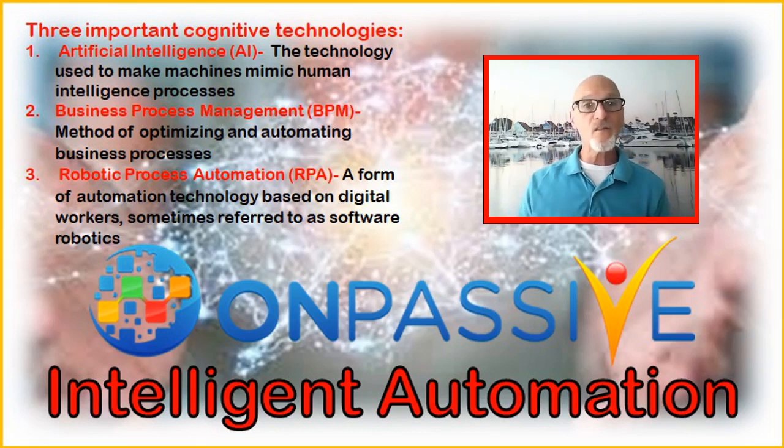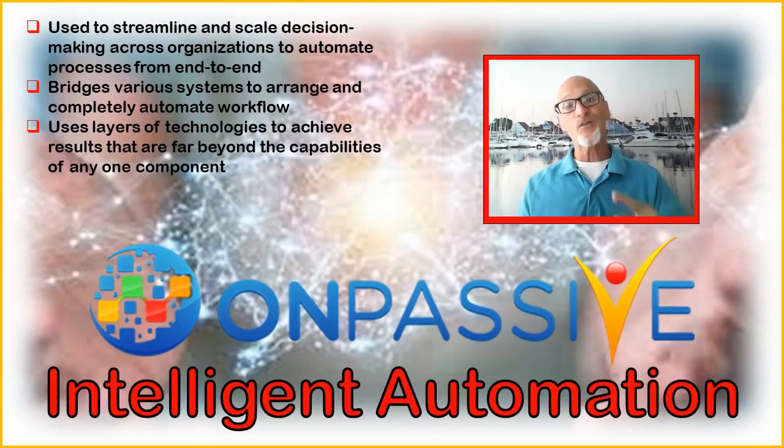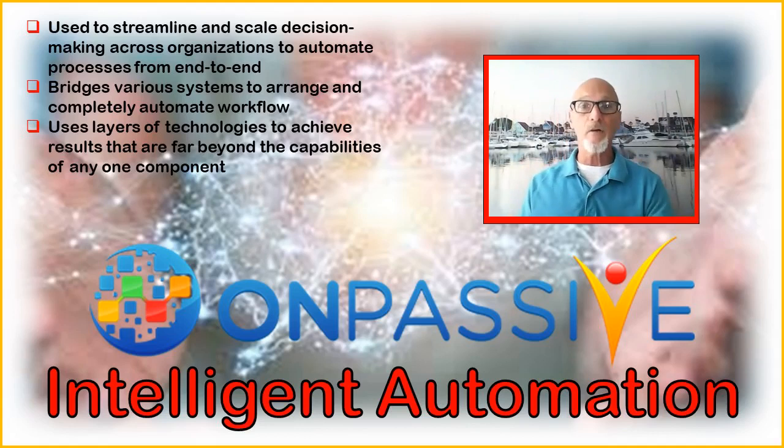So using these technologies, intelligent automation scales and streamlines decision making right across the organization, whatever your organization is, which is to say that they can automate a wide variety of the processes from end to end and allow easy integration with other systems that you may have across your organization.